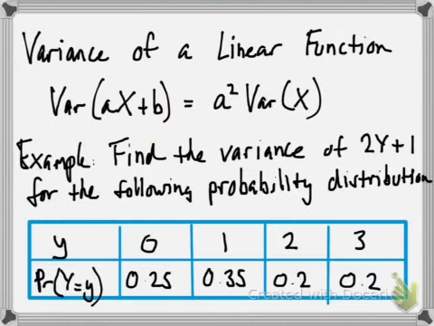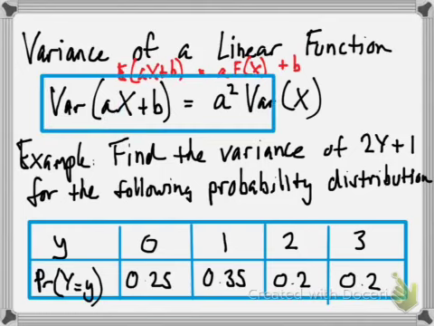Okay, the variance of a linear function. You might remember our expectation theorems, and remember that E(aX plus b) was a times E(X) plus b. Okay, different situation though with variance. I wanted to put that one at the top there because I wanted to contrast the two.